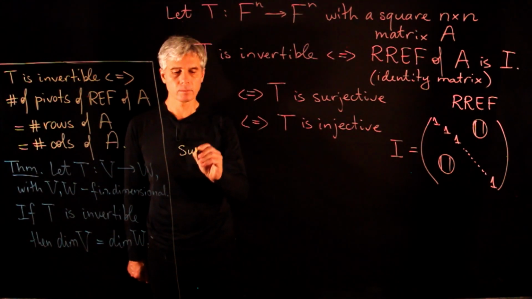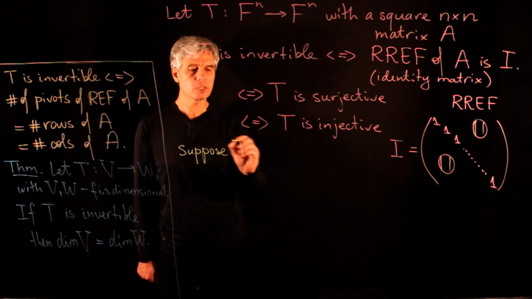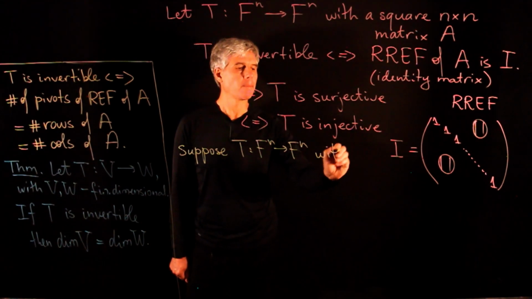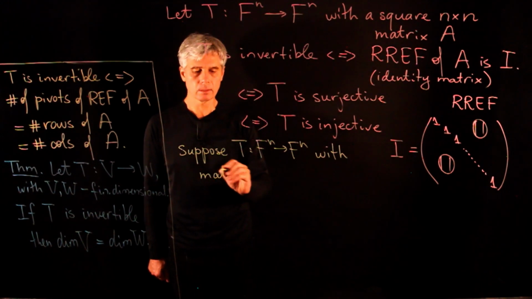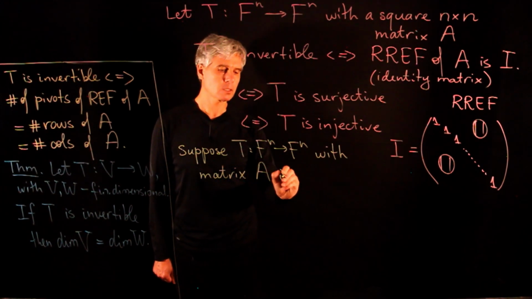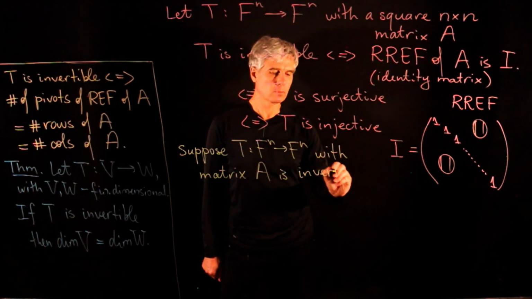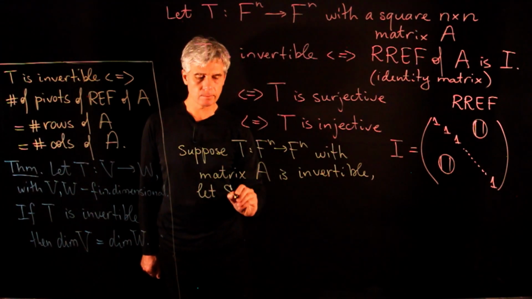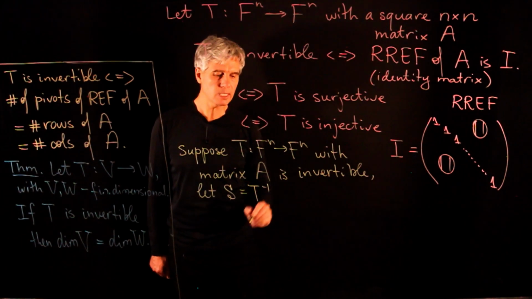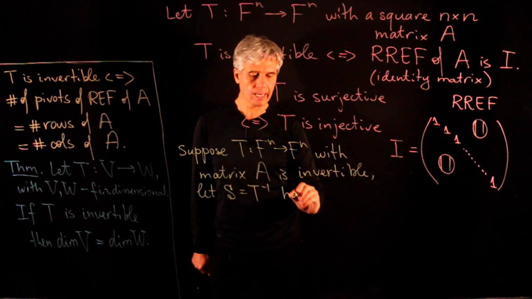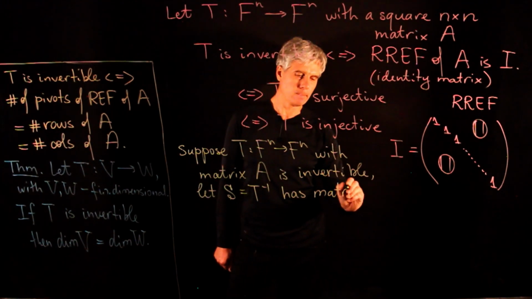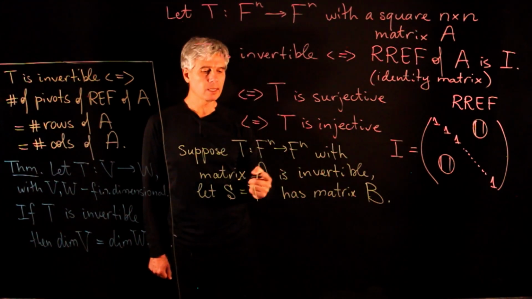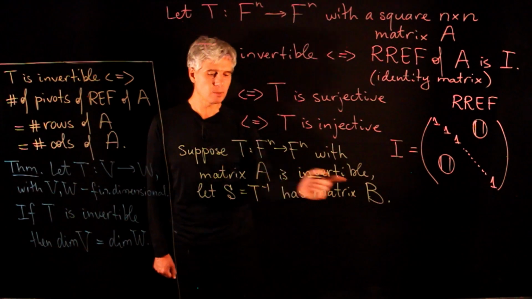Now, suppose a transformation T from Fn to Fn with matrix A is invertible. And let S be the inverse of T and has matrix B. Now, what can we say about the connection between matrices A and B?